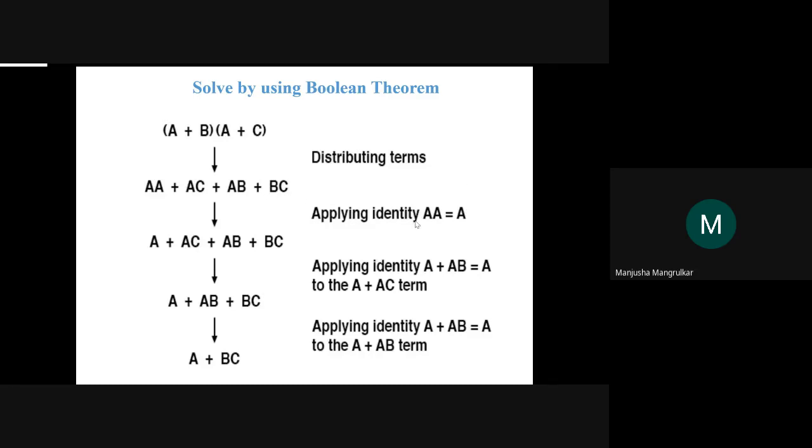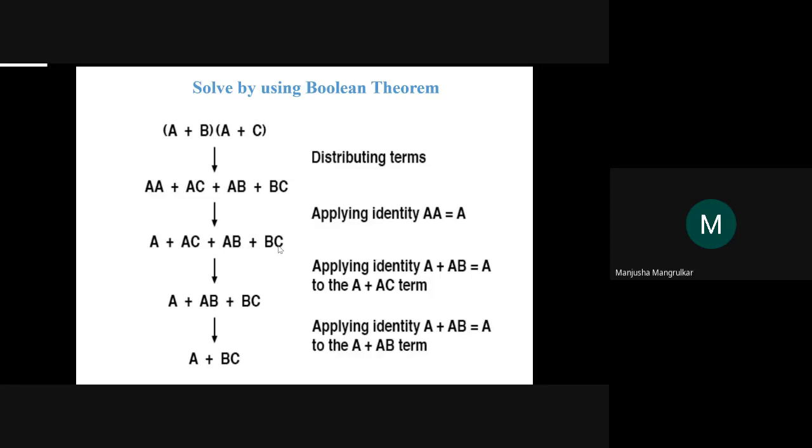Again we have an identity law, A and A is equal to A. So this is A plus AC or AB and BC.